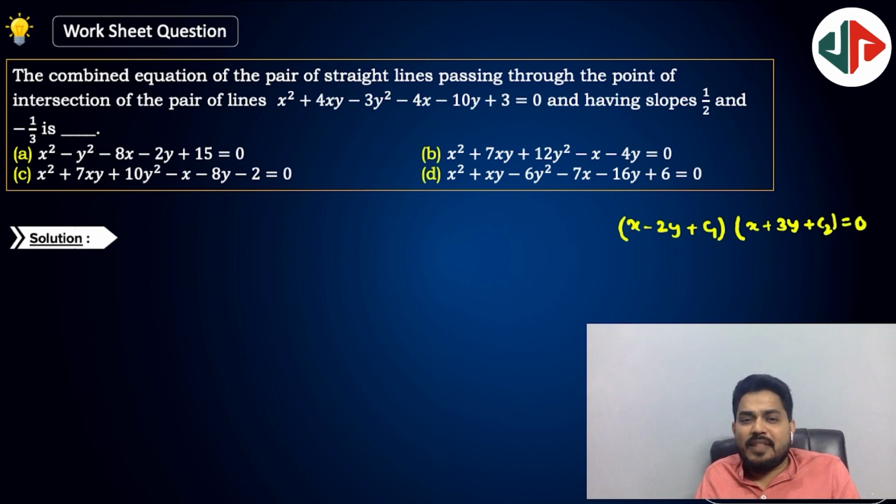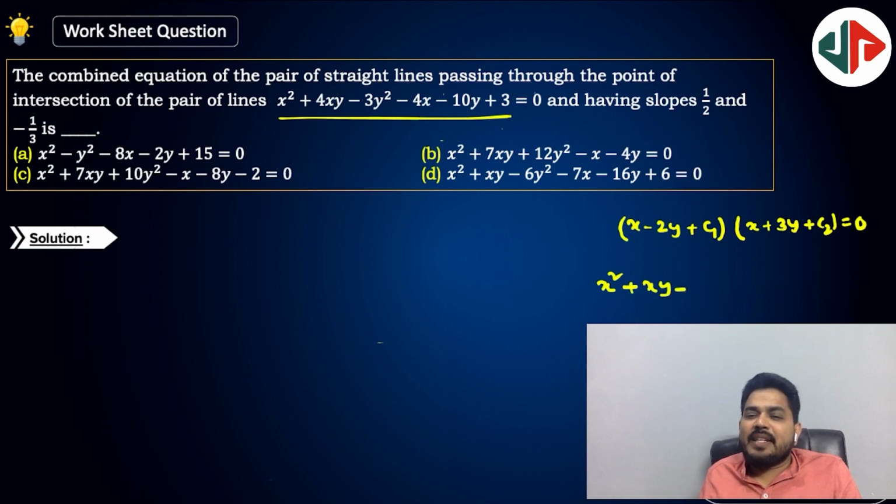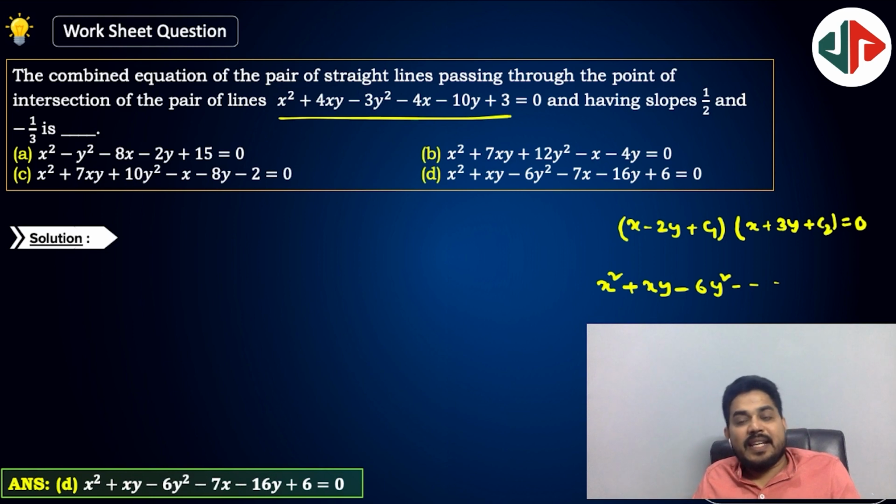So not solving this question at all. So here what are we going to get? x square minus 2xy plus 3xy, so plus xy minus 6y square. So that option is only one. So I'll be writing that answer D.